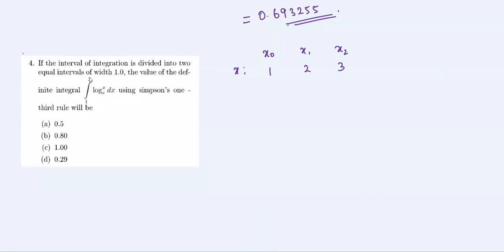The interval 1 to 3 has been divided with width 1. So y naught will be log 1, log 2 to the base e, and log 3 to the base e. So this is y naught, this is y1, this is y2.